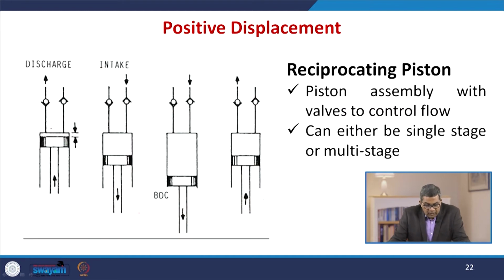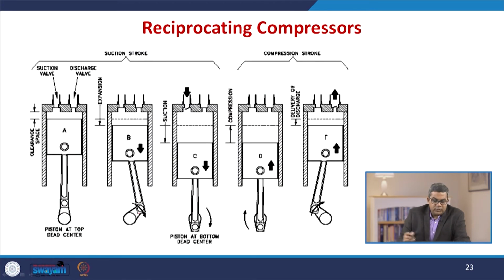Now, let us talk about the positive displacement system. When we go for the reciprocating piston, it is a piston assembly with valves to control flow. It can be either single stage or multi-stage. Here you see the different stages of reciprocating compression. There is a suction valve and a discharge valve, and this is the cylinder piston assembly, and there is a small clearance space.